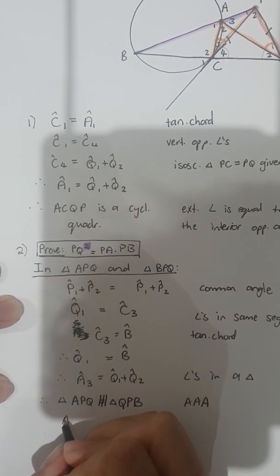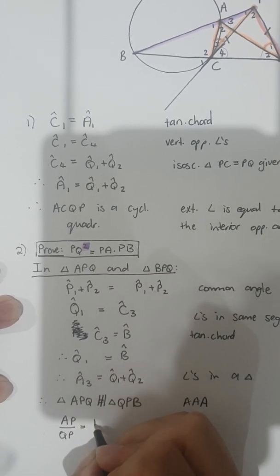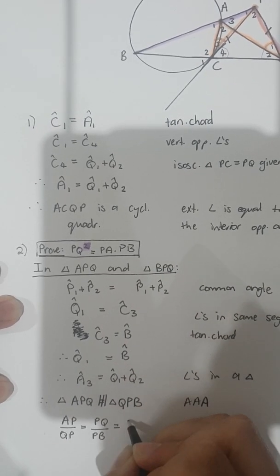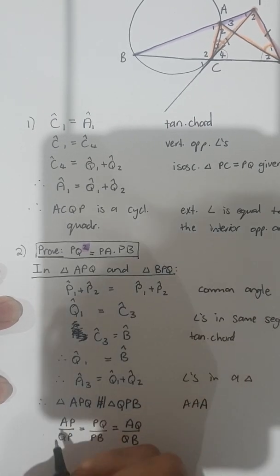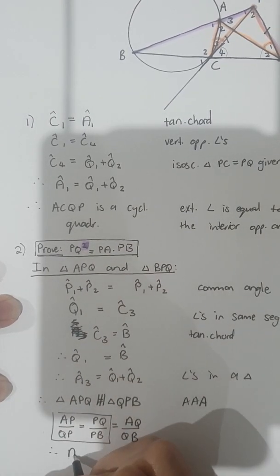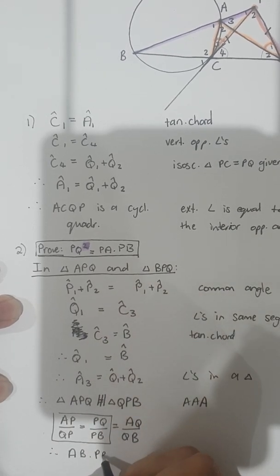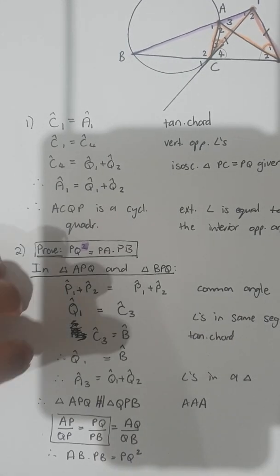So let's have a look. Now I have AP over QP is equal to PQ over PB is equal to AQ over QB, and this is the one that I want. Therefore, PA times PB is equal to PQ squared.